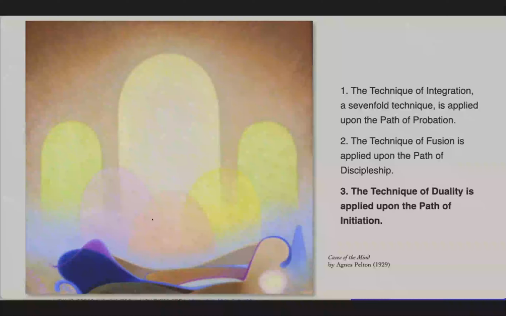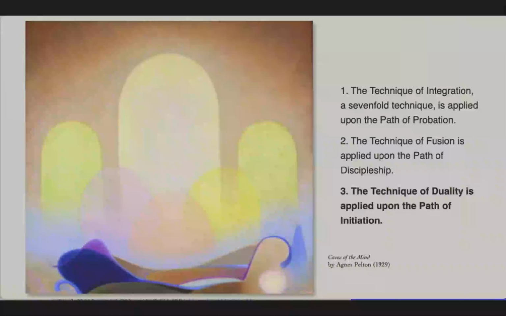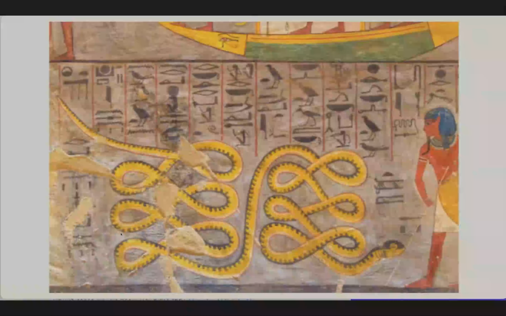But before we get into this, we might first ask, why are these techniques necessary? What personality condition do these techniques address? One answer might be, personalities are inherently trapped by the sense of individual separative identity, called in Sanskrit ahamkara, here personified by the coils of the Egyptian serpent Apep.